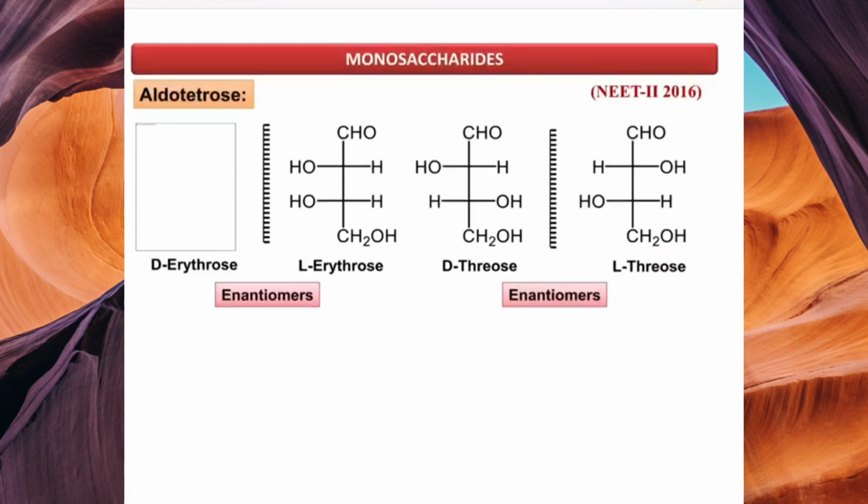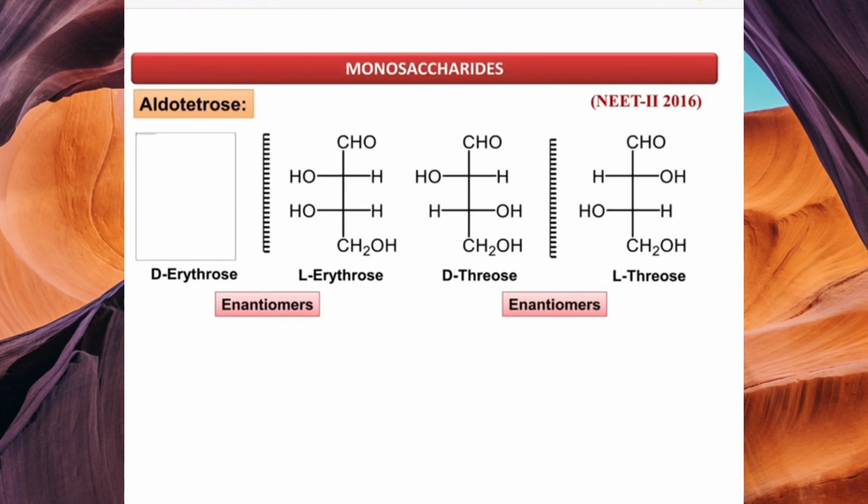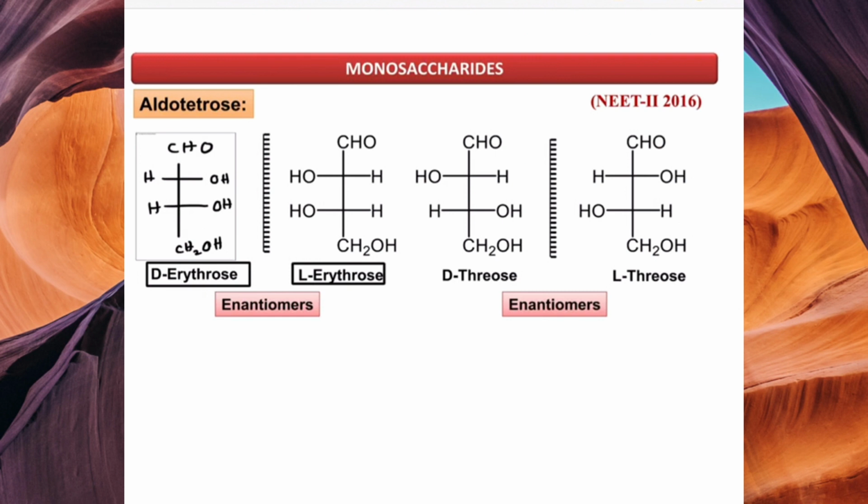Next, if 4 carbons are there, we call it aldotetrose. In aldotetrose, we have CHO and CH2OH, with the OH groups on the right side and hydrogens on the other side. D-erythrose and L-erythrose are both examples of enantiomers.